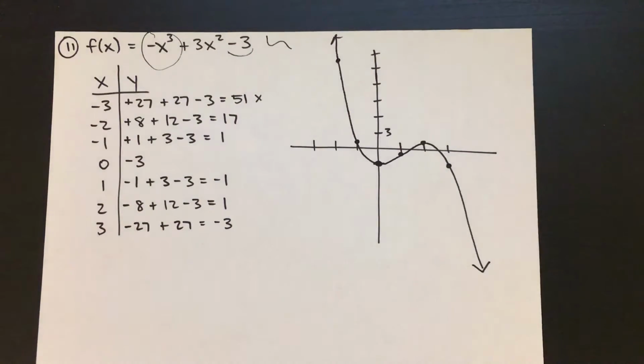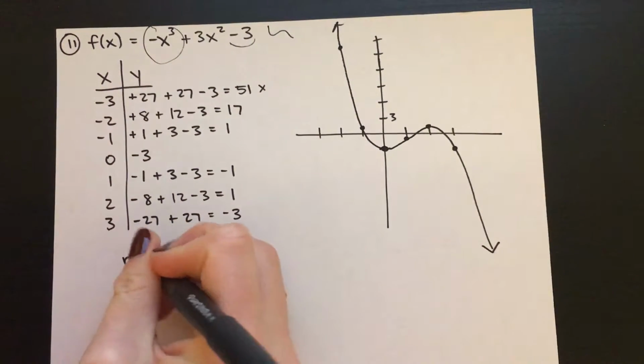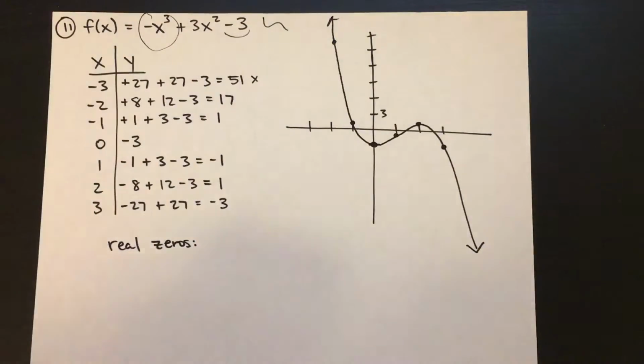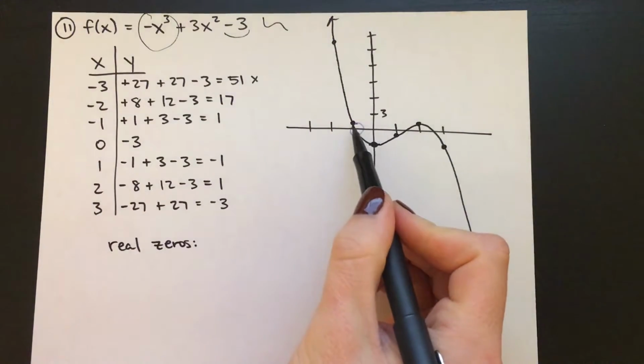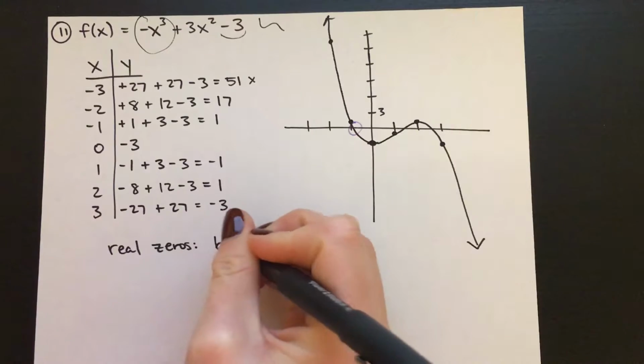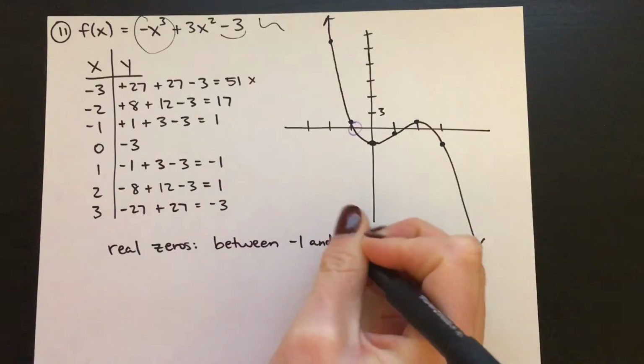Next, I'm supposed to be answering the consecutive values of x between which each real zero is located. So my real zeros, I'm going to identify where those fall. So remember, those are x-intercepts. So I have one right here. That one is just past -1, so it is somewhere between -1 and 0.